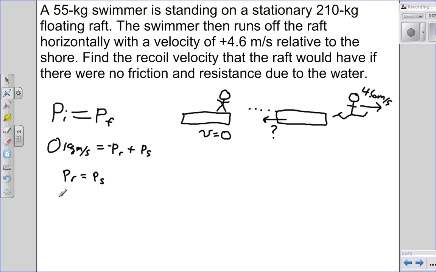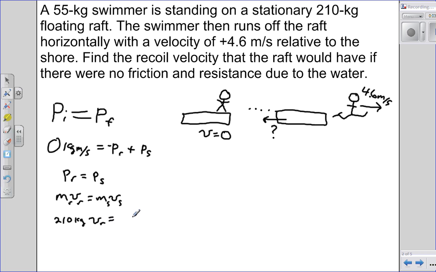And what we do now is we say mass times velocity of the raft equals mass times velocity of the swimmer. We go ahead and plug our values in now. We know the mass of the raft is 210 kilograms. The velocity of the raft is what I want to solve for.